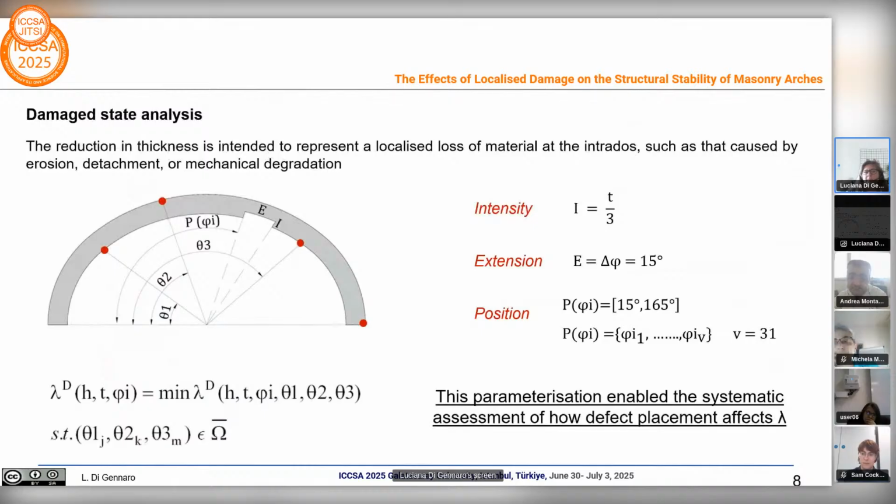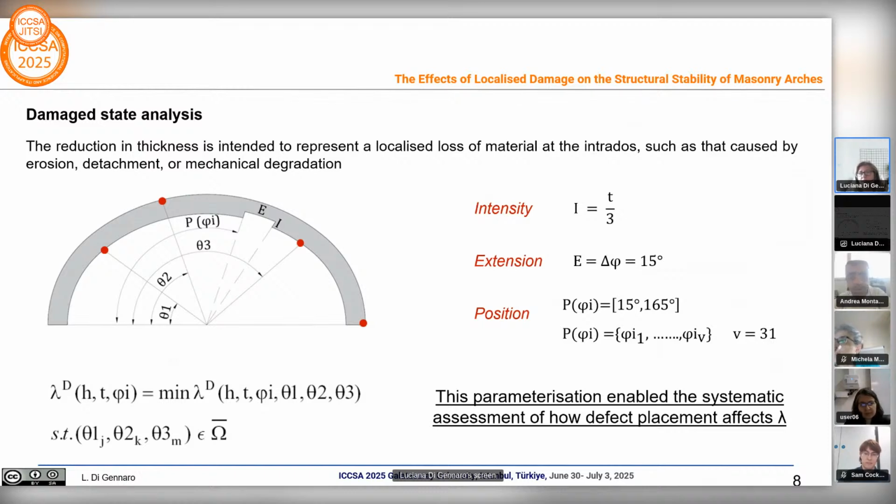We have imagined that the damage can be modeled as the definition of three parameters: the intensity, the extension, and the position. In particular, the intensity and the extension in our study were fixed.